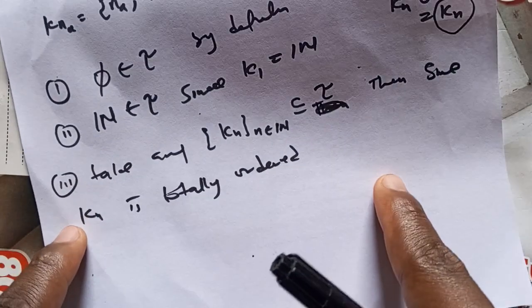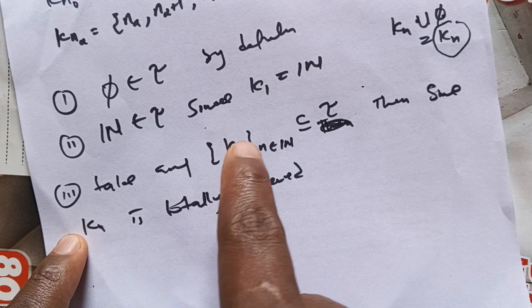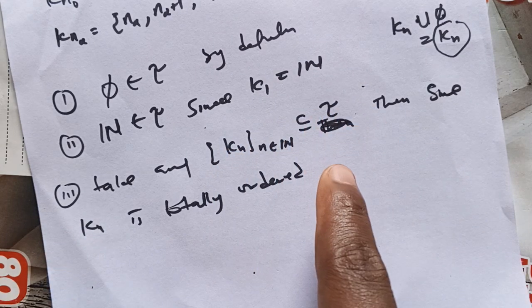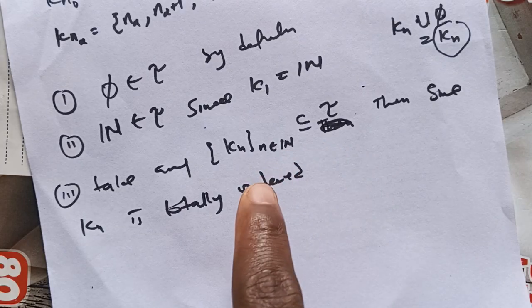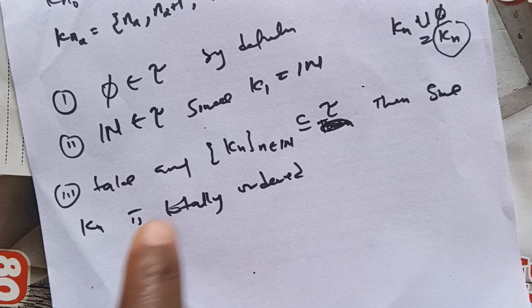Let's assume we have K1, K2, K3, K4, K5, K6. You have that K6 is a subset of K5, K5 is a subset of K4, K4 is a subset of K3, K3 is a subset of K2, and K2 is a subset of K1. That is what it means by being totally ordered.